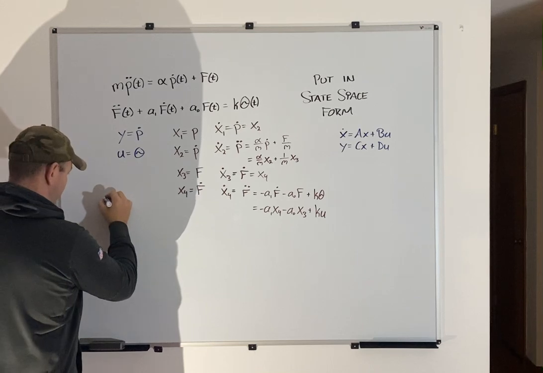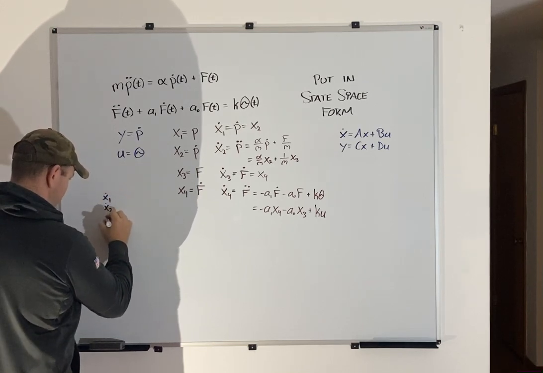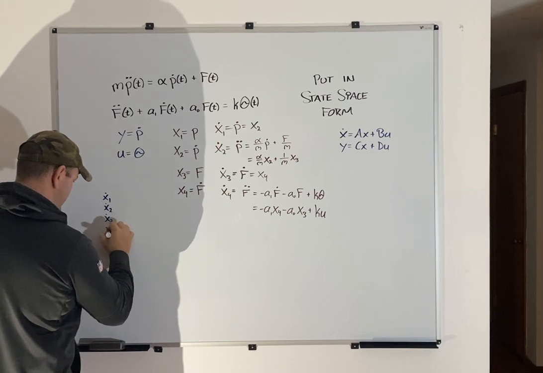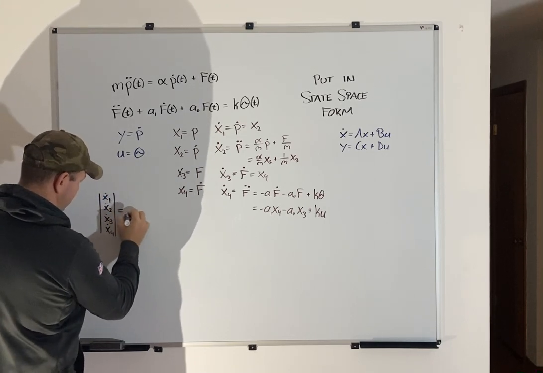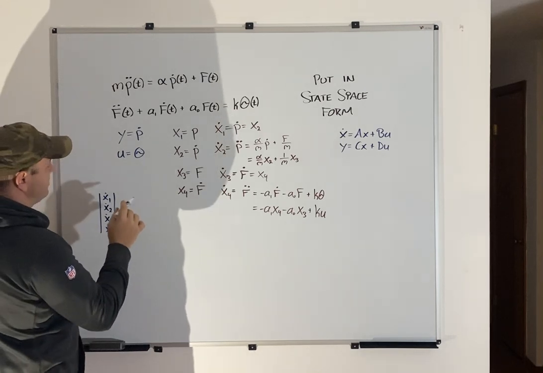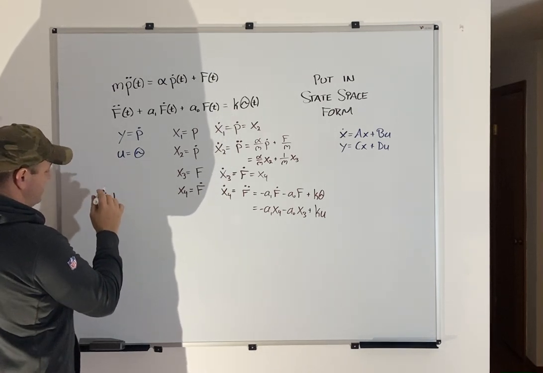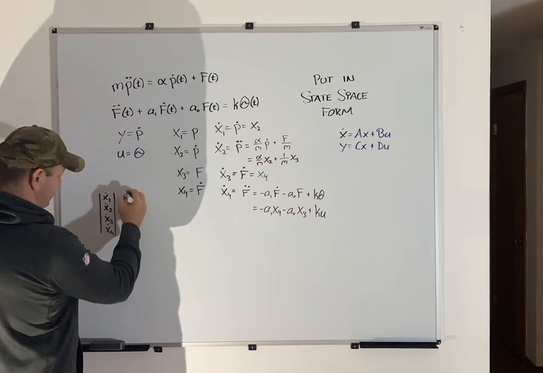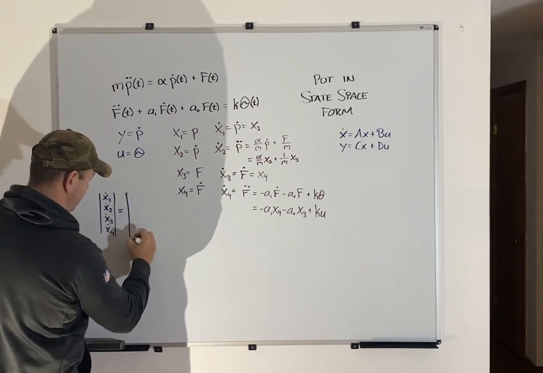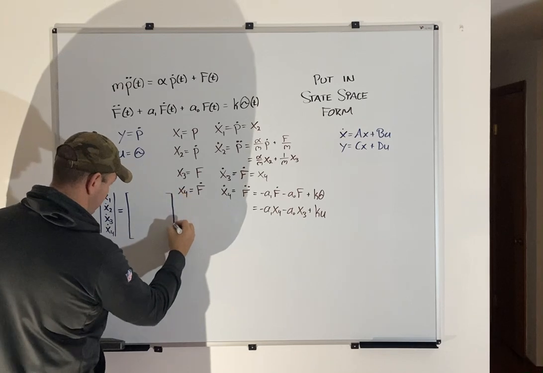X dot is really X1 dot, X2 dot, X3 dot, X4 dot, which is going to be equal to the A matrix. The A matrix is going to be a square matrix where n is the number of state variables. So that's going to be a 4 by 4, a fairly large one.